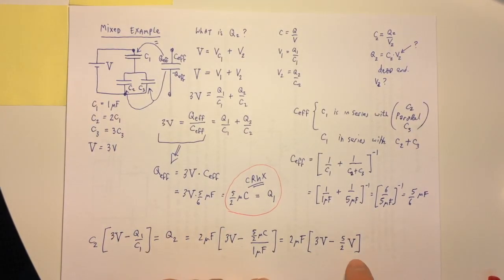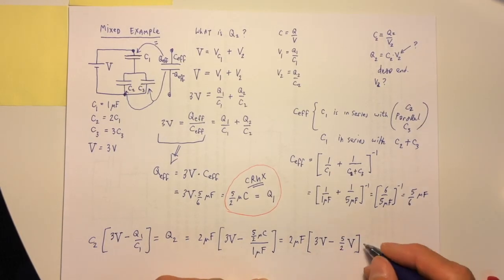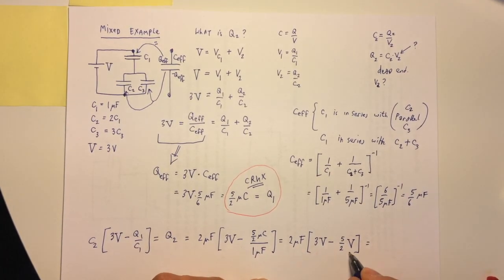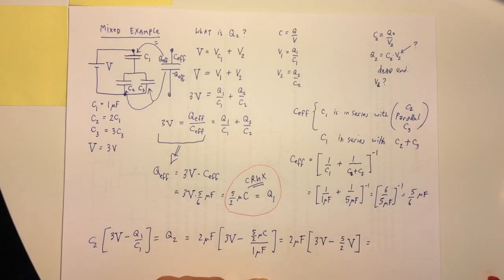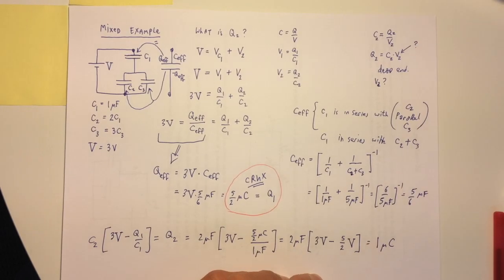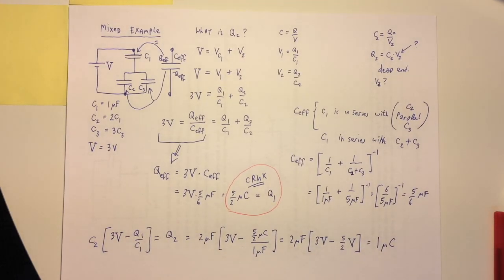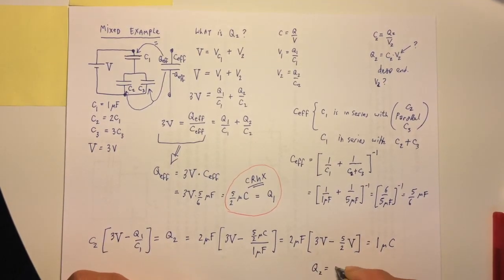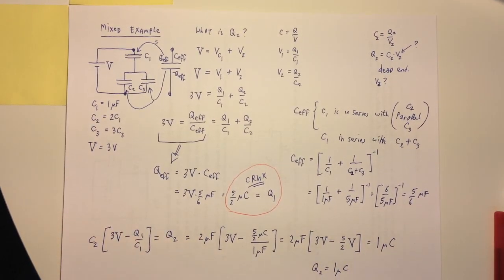So what this means, 5/2 is 2.5, so half a volt is left over, and half a volt times 2 microfarads is 1 microcoulomb. I think that's the right answer. Yeah, so Q2 is 1 microcoulomb.